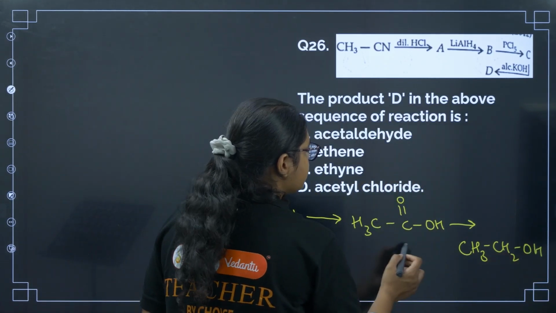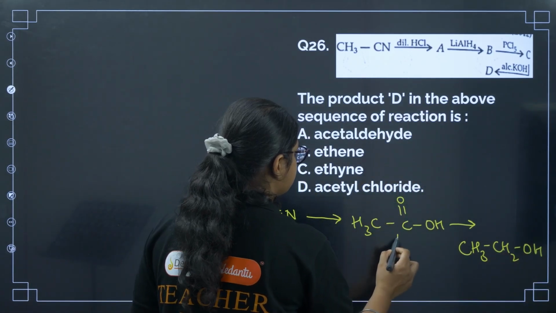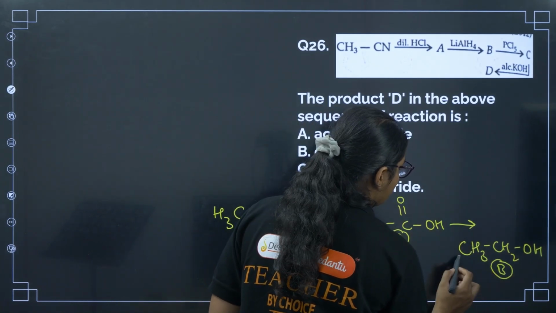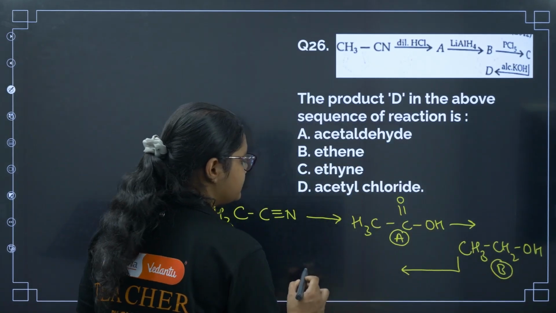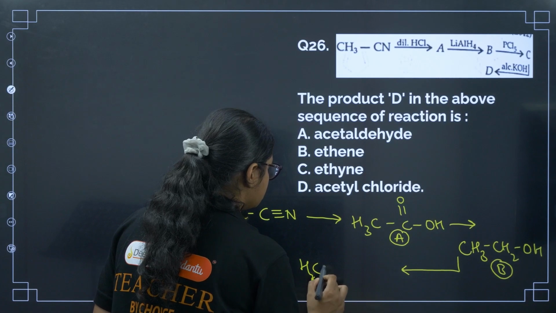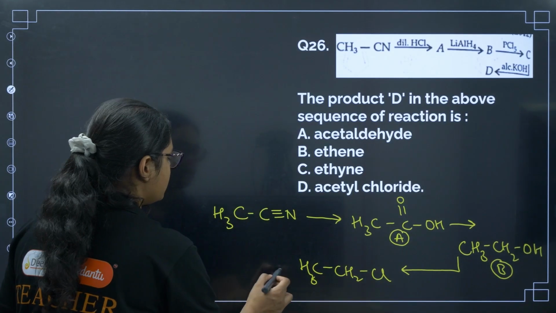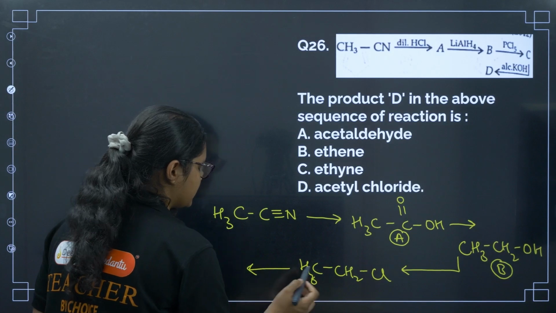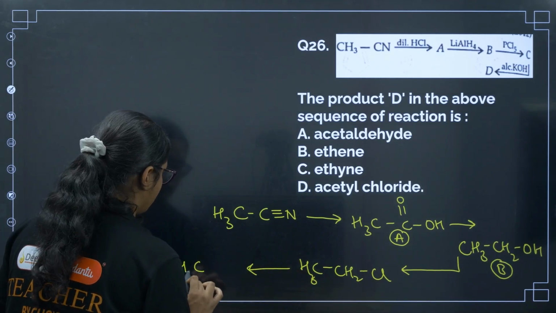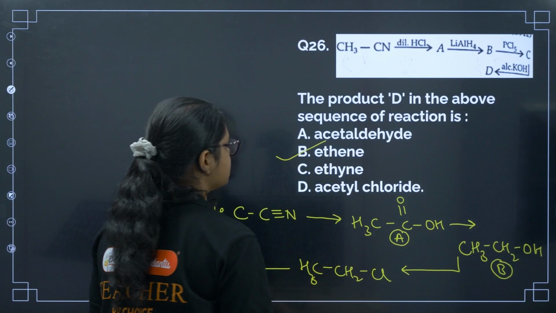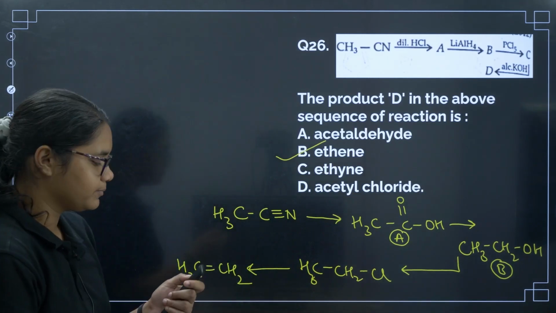So that is your A, and then this is B, and then with PCl5 you will get CH3CH2Cl. Then if you do alcoholic KOH, then what happens? H and Cl will be removed and we will get ethene molecule. So correct answer for this question will be option number B.